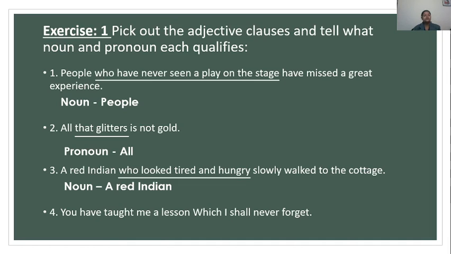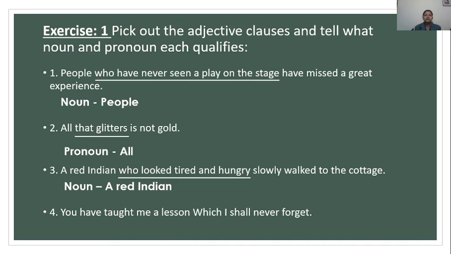Now let's come to the fourth sentence. You have taught me a lesson which I shall never forget. The sentence has two clauses. You have taught me a lesson is the main clause, which I shall never forget is the subordinate clause, and it is introduced by which, a relative pronoun.